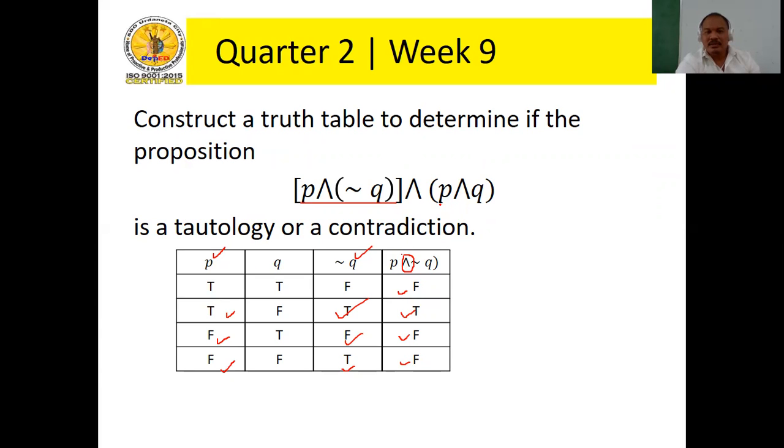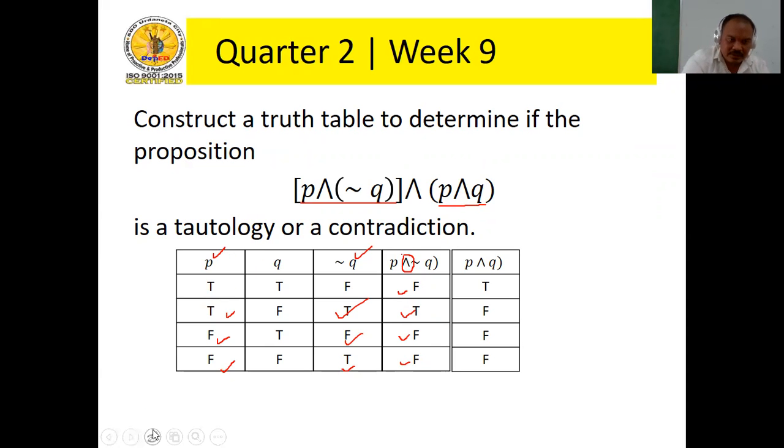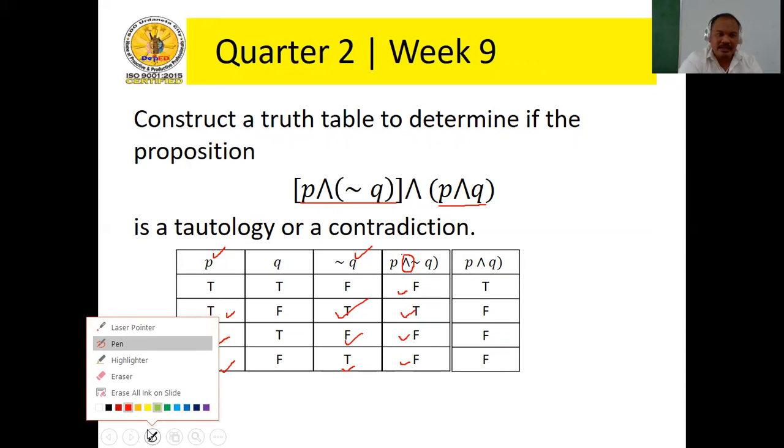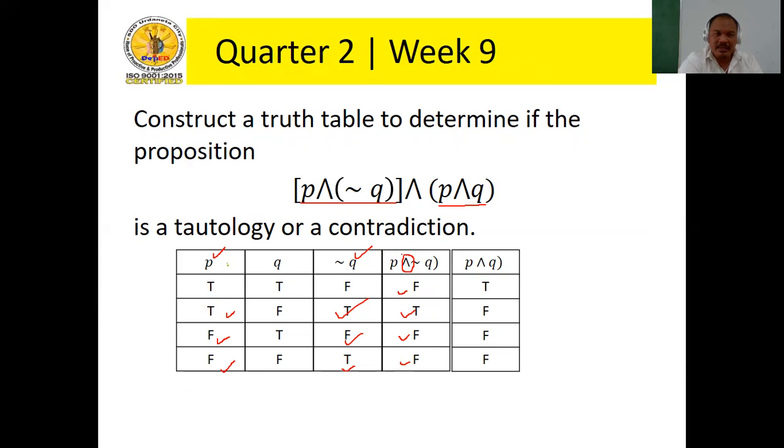Then establish the next operation, which is P and Q. The column of P and Q is still conjunction.